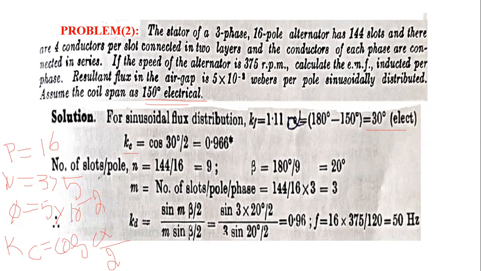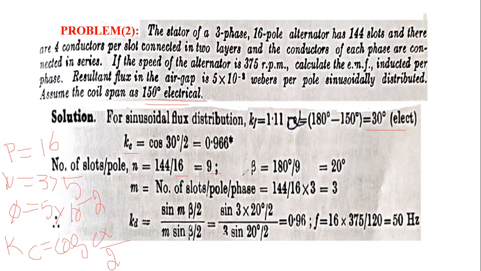Then we calculate the number of slots per pole. That is 144 slots divided by 16 poles, which is equal to 9.